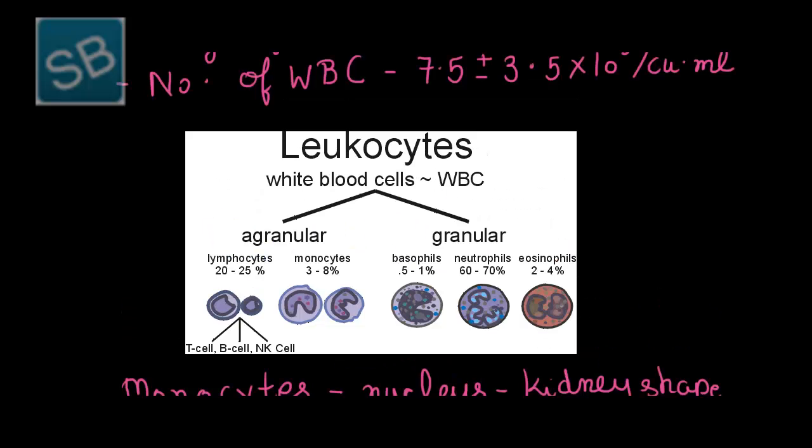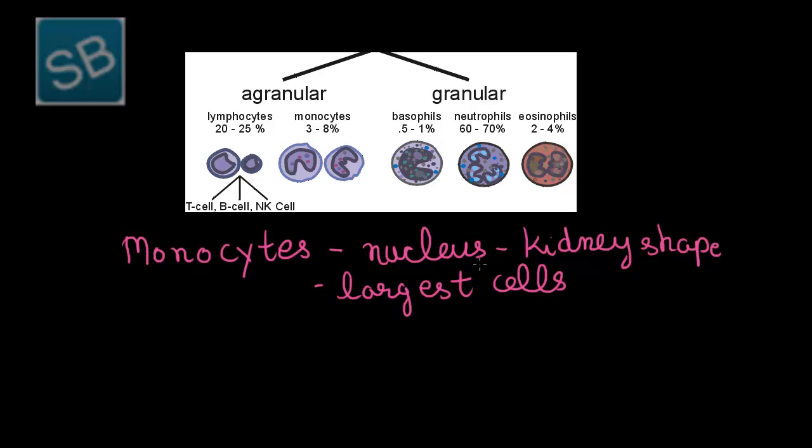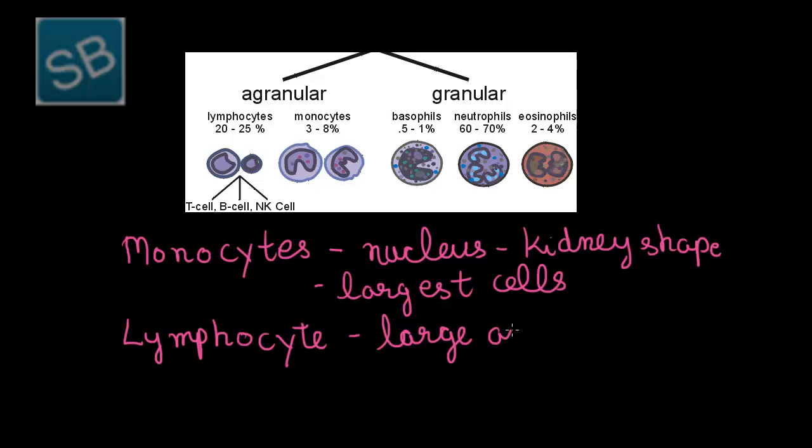Then the second type is lymphocytes. Lymphocytes have a large and rounded nucleus, as can be seen from the figure.